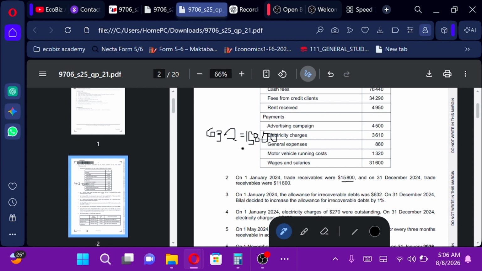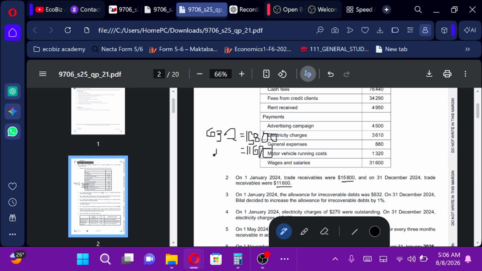So we make it equal to the other amount, to trade receivables at close, which is 11,600, right there.